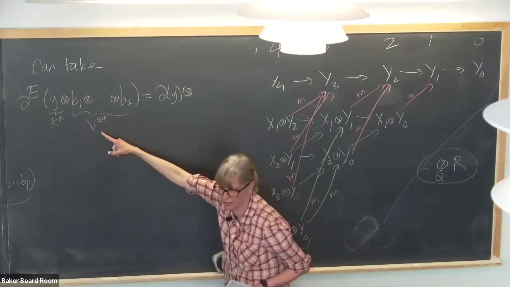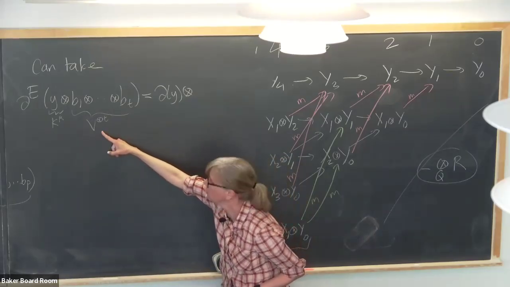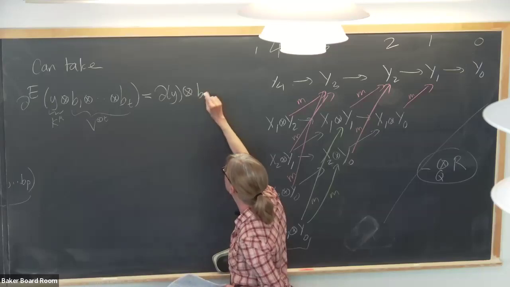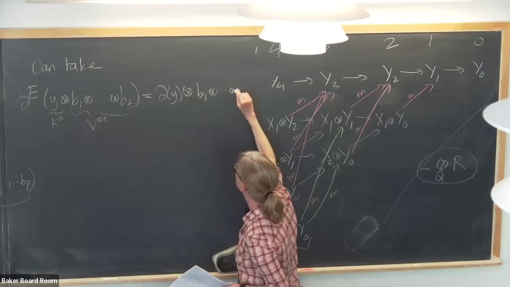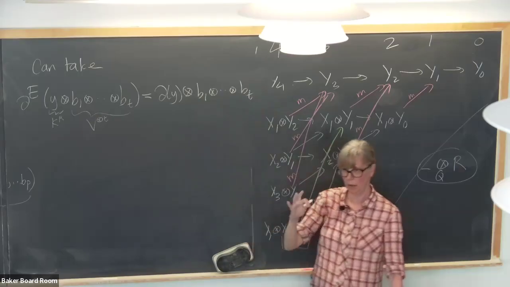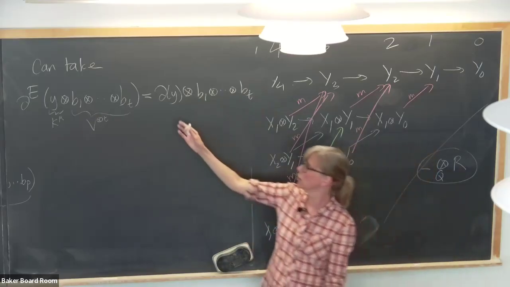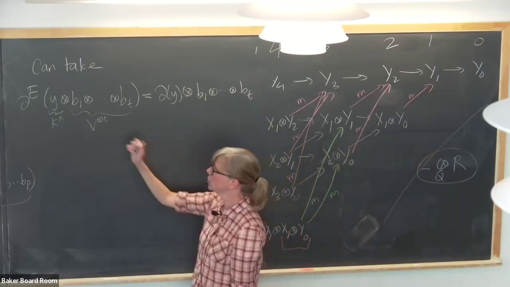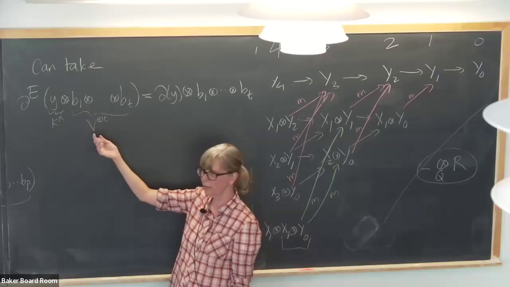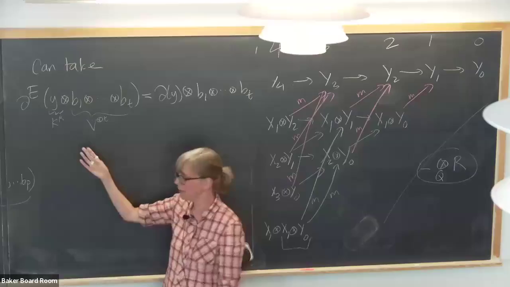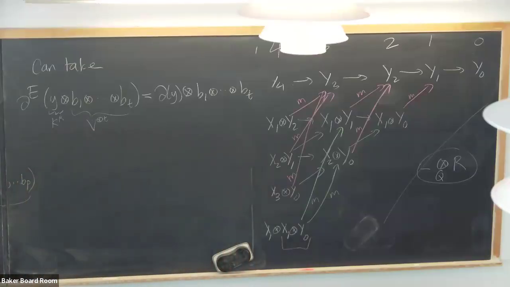The V's are just weird free modules, which have no differential. It's a lot like bar, but stuff is missing. So we can differentiate the y factor. We can also multiply adjacent things together, but we have no product. V is just this abstract thing. But we do have a Massey product.